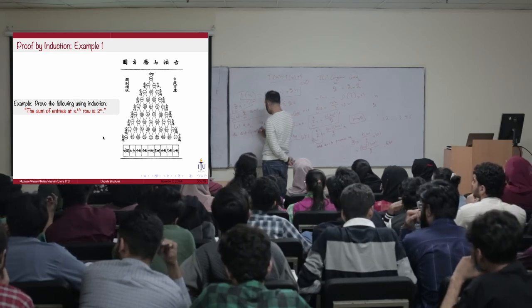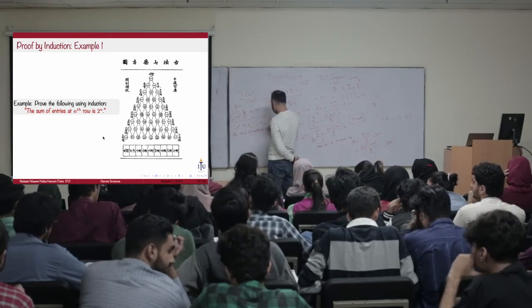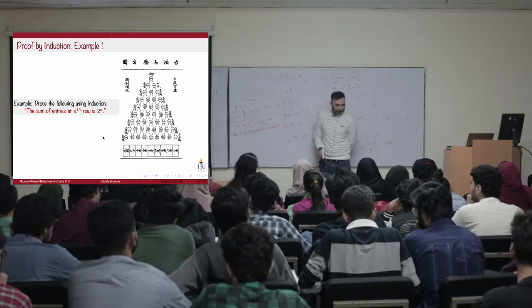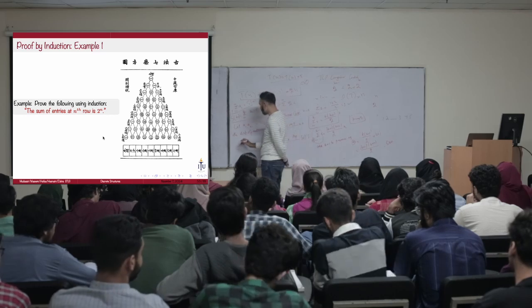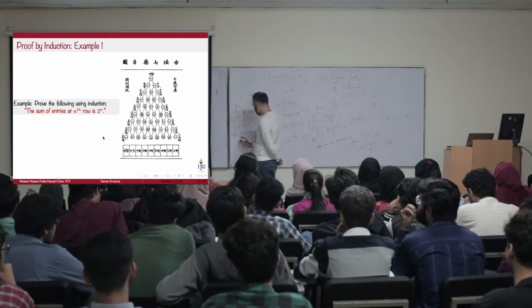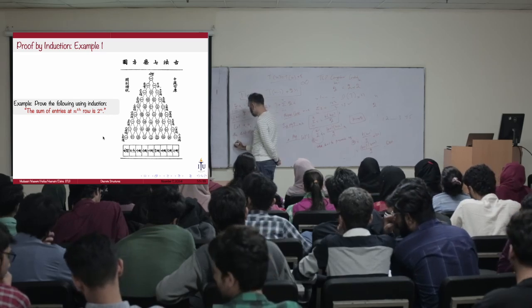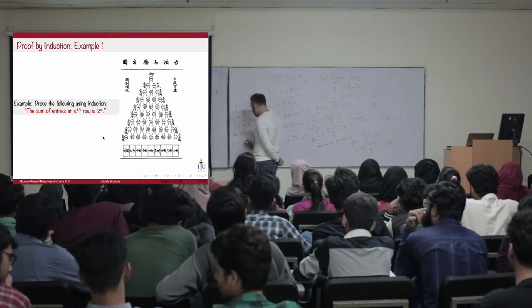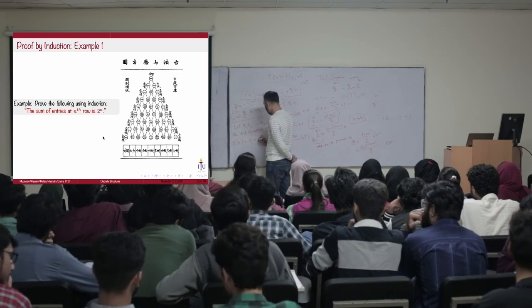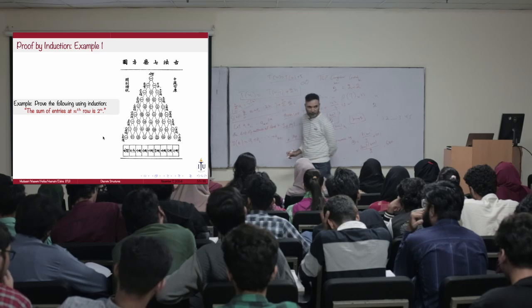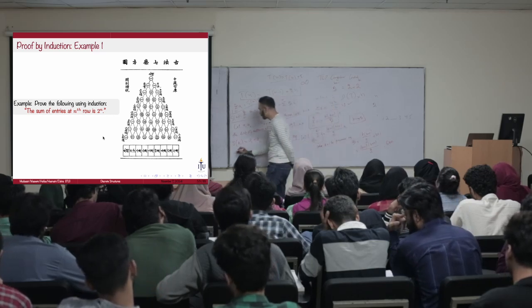These are my entries at level k. ठीक है? So the sum s_k is just a_1, a_2 up till a_(k+1).